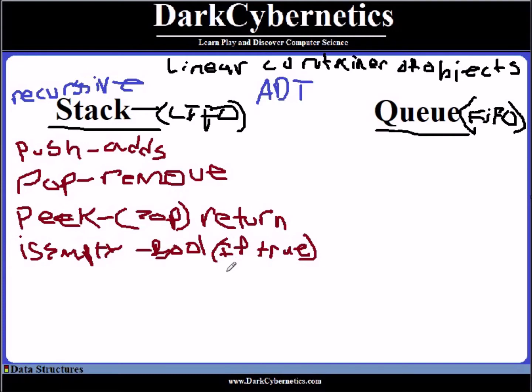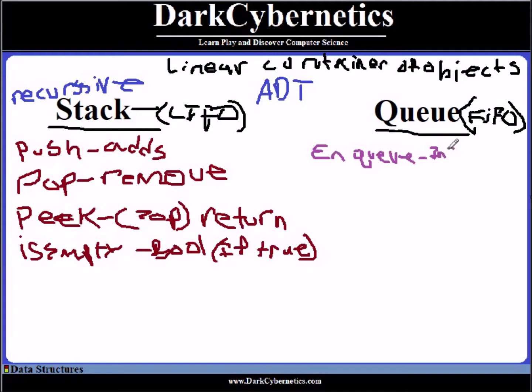Alright. And for the queue data structure, it has two operations. And those operations are enqueue and dequeue. When we enqueue an item, we are placing an object at the end of the queue. So we're placing an item at the end of the queue.